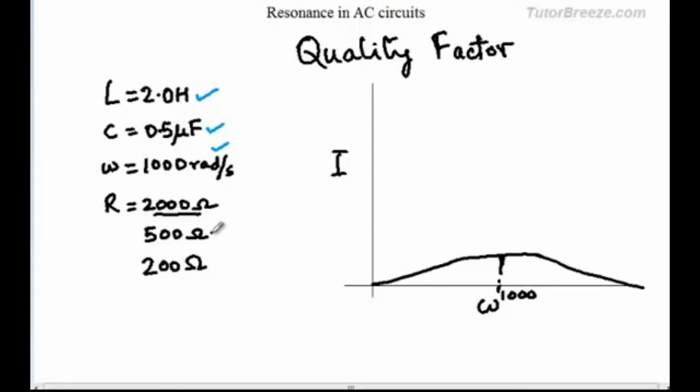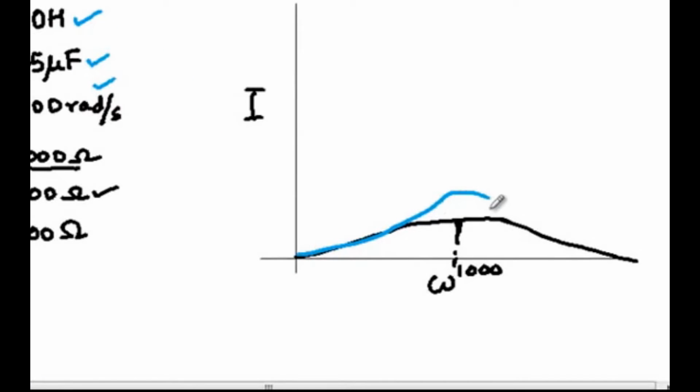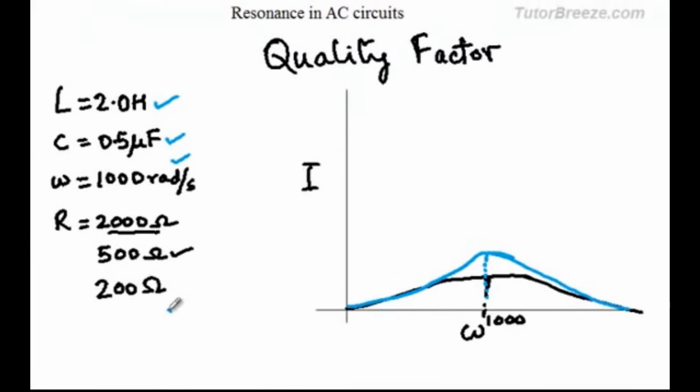Now if we take a lower value of resistance, then what do we find if we draw the graph? Once again, at very low frequencies and at very high frequencies, the value of the current will be low, but the value of the current is maximum at the resonant frequency. If you recall, I is equal to V over R. Next, if we take a still lower value of resistance, then the value of the current at resonance is going to increase.